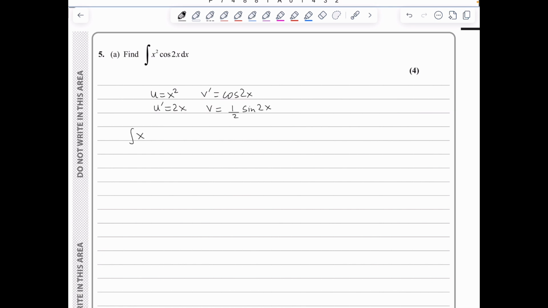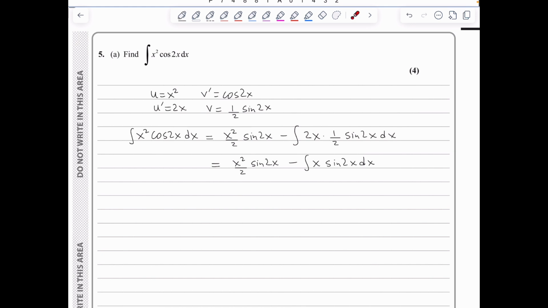This means that the integral of x² cos 2x dx is uv, so it's x²/2 times sin 2x, minus the integral of u'v, so 2x times a half sin 2x dx. So we're looking at x²/2 times sin 2x minus the integral of x sin 2x.